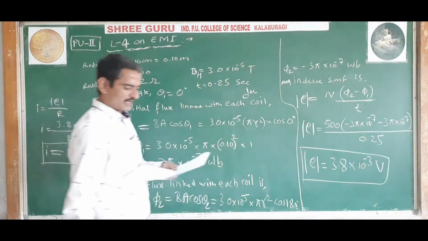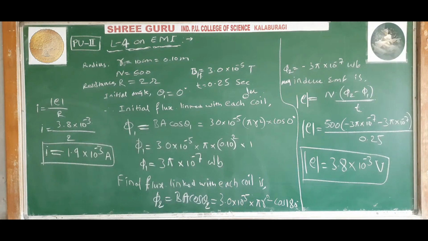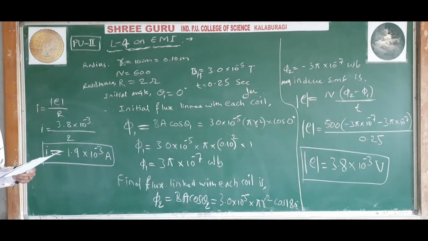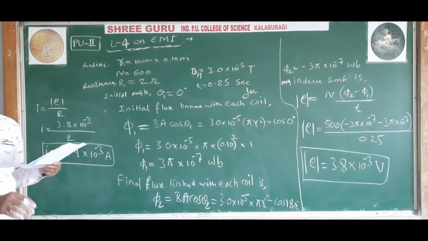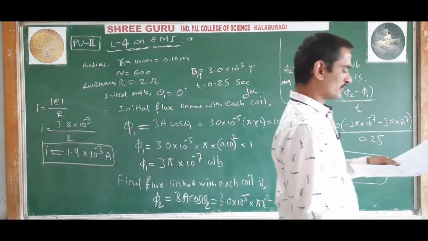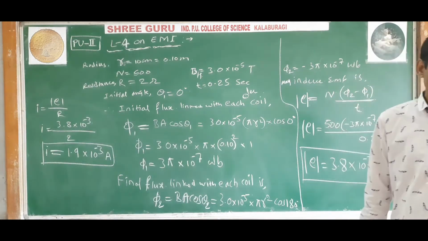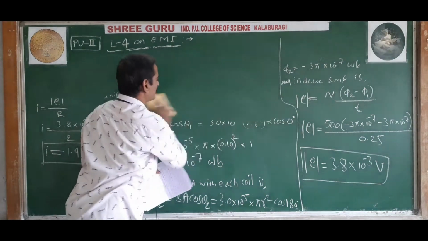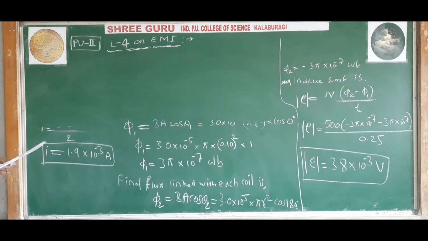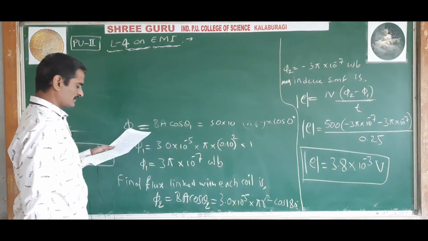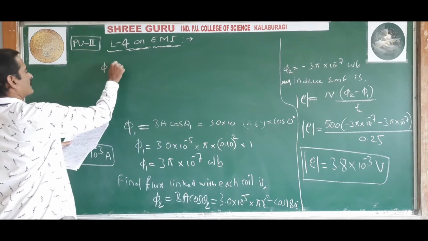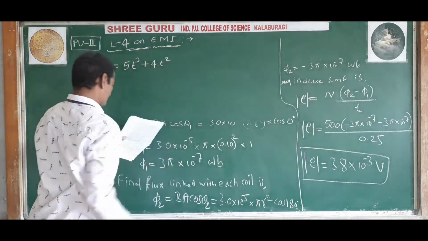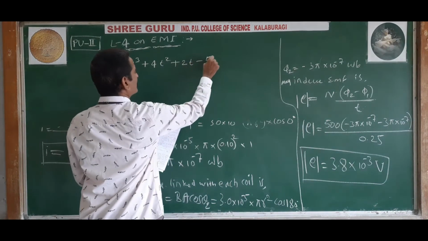The magnetic flux through a coil perpendicular to the plane is varying according to the relation phi is equal to 5t cube plus 4t square plus 2t minus 5.